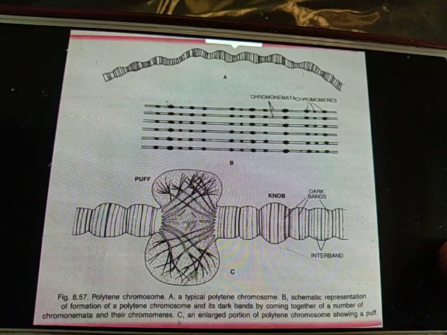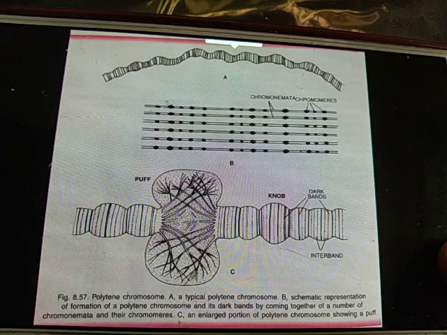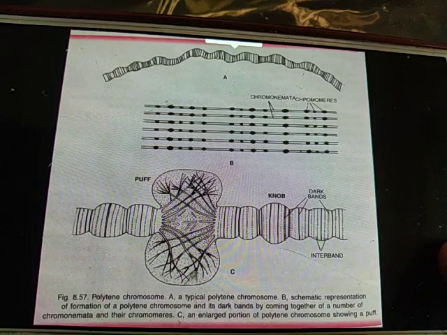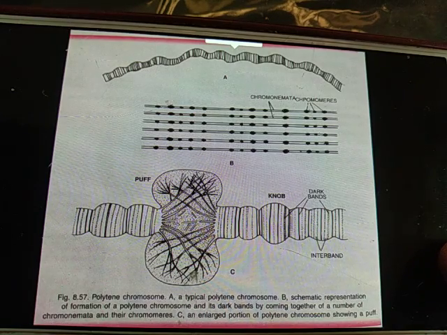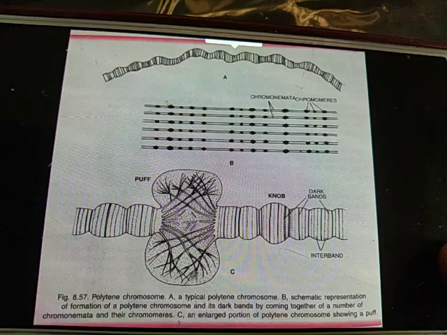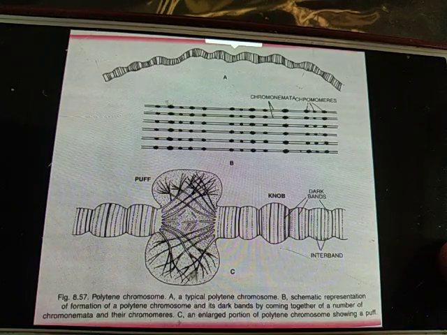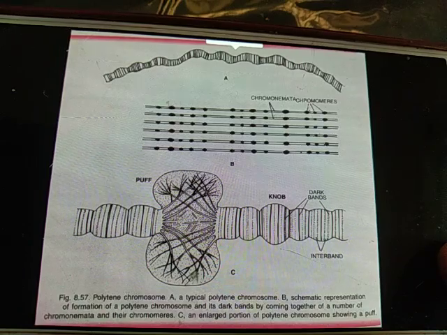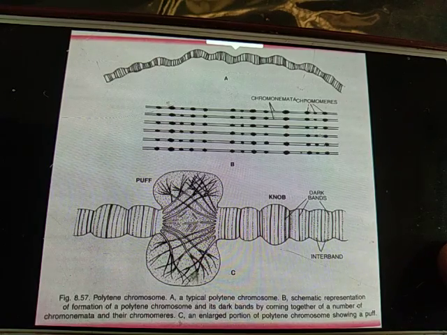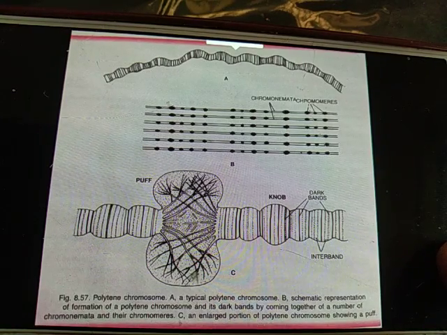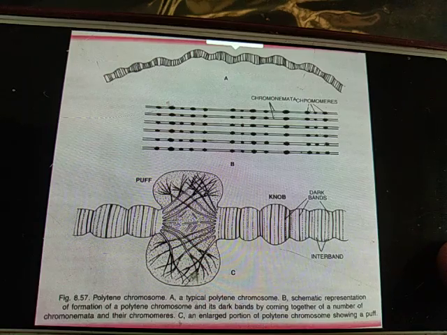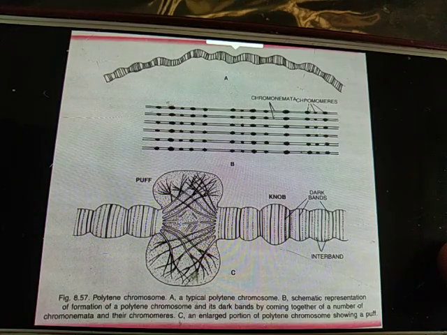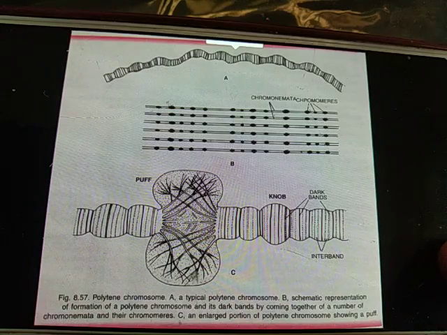Then the chromosomes can reach a length of 2000 micrometer and contain 1000, that is in Drosophila, to 16,000 in Chironomus times DNA as compared to the ordinary somatic chromosomes. That means the amount of DNA can be 1000 times more, or it can be 16,000 times more than the somatic chromosomes.